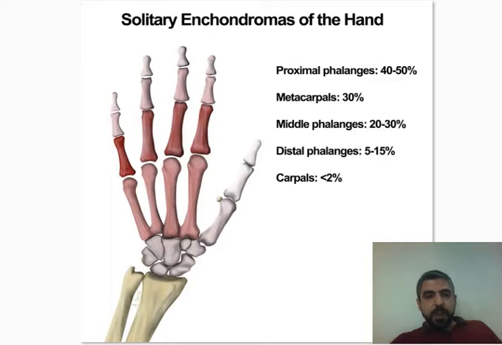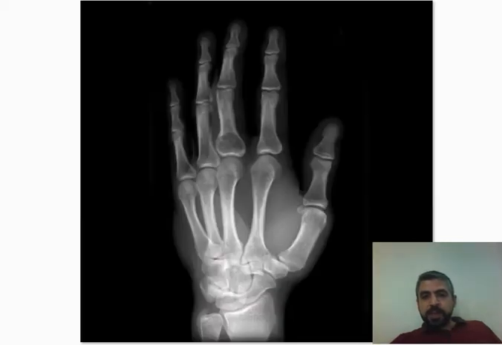For example, in this case, you can see there is a lesion in the proximal phalanx of the middle finger. It is intramedullary, very well defined, and has a narrow zone of transition.